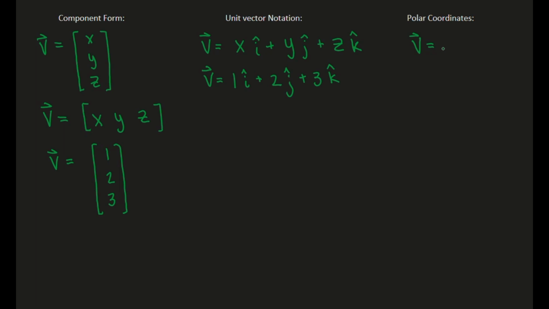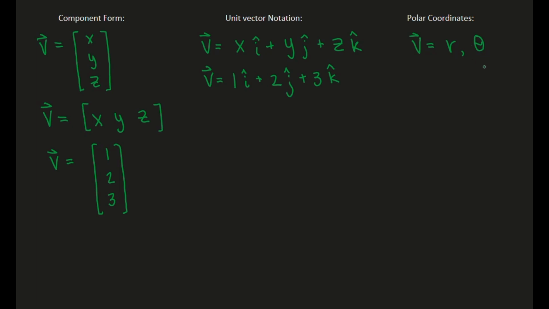But we represent it with the letter r, and we have a comma behind it, and we use the Greek letter theta to denote some angular displacement. So the r is the magnitude of whatever the vector is. It's the complete length of that vector. And then the theta denotes its position around a unit circle.